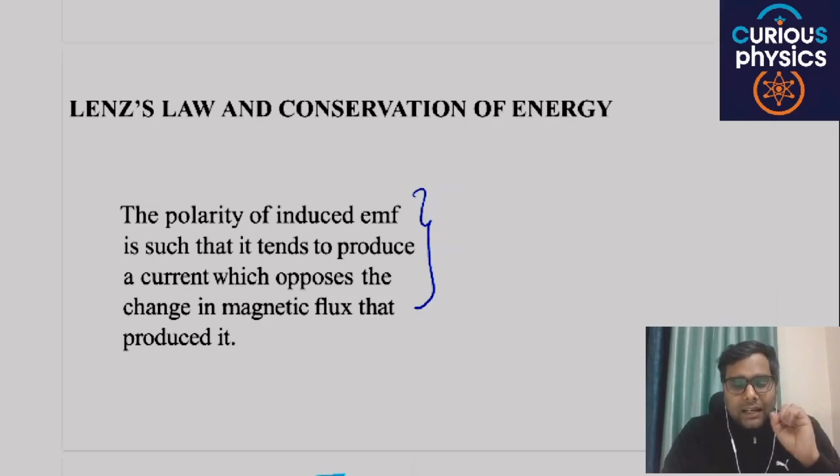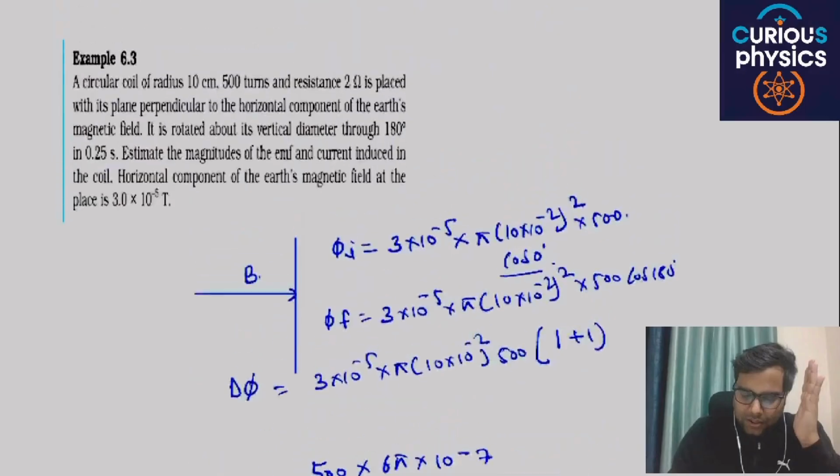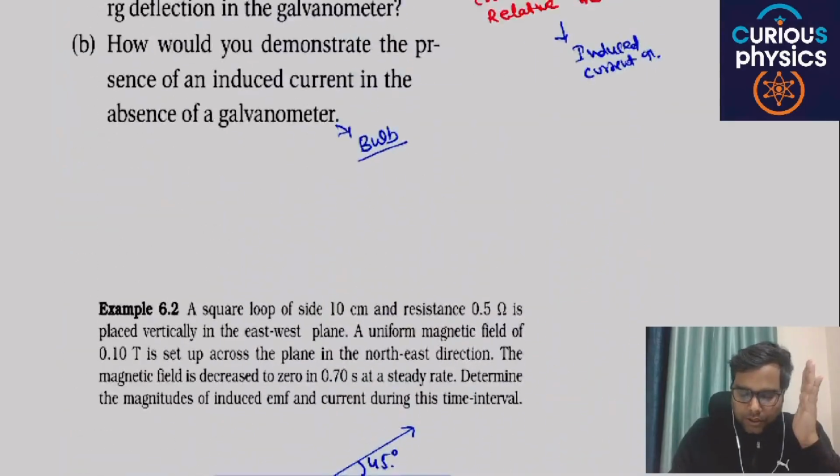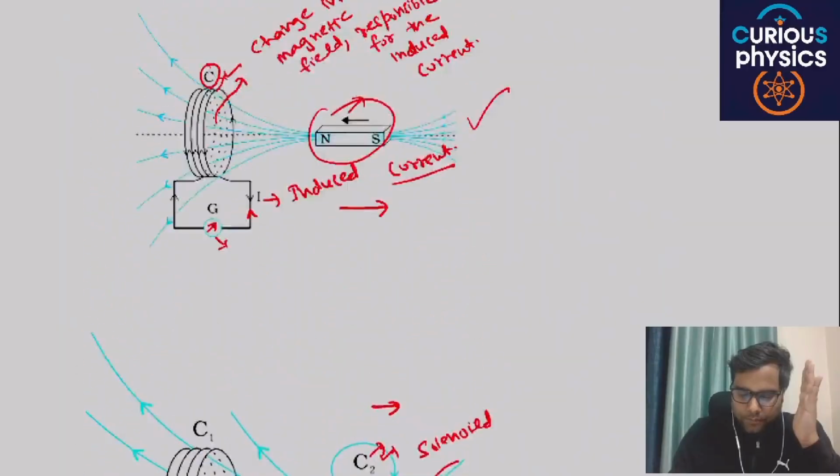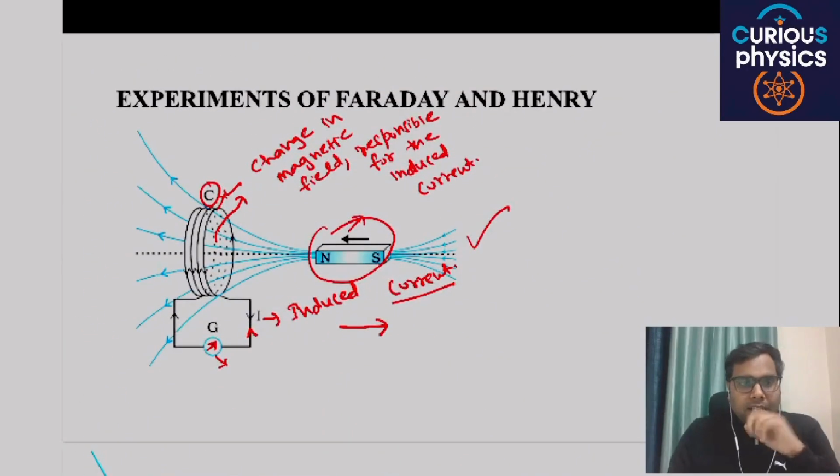This means that if there is an increase in magnetic flux, we can show this with the experiments given in your book. Let's say experiment 1. In experiment 1, if this magnet is moving toward the coil C, can you say that this magnet will increase the magnetic flux or not?